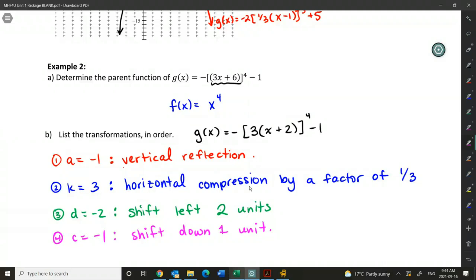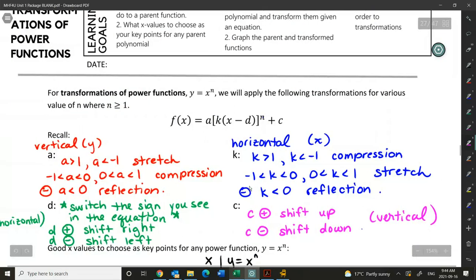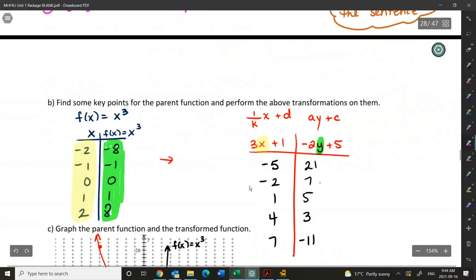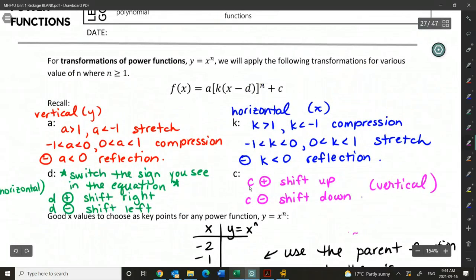Lucas? Just a question, I'm sorry. So is the compression referring to the 3 then or to the 1/3? So if you look here, we have, for instance, a 3, right? So where does 3 fall in these expressions here? Falls under compression.